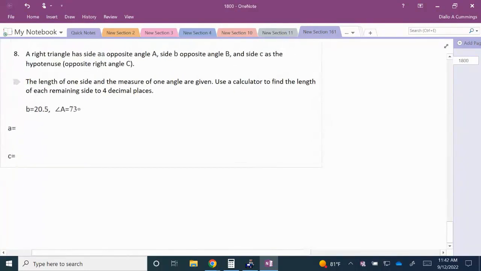All right, so it says a right triangle has an opposite angle A, side opposite angle B, and side C as the hypotenuse, which is opposite the right angle. So here again, this is in what we call standard labeling. So I'm just going to sketch that out.